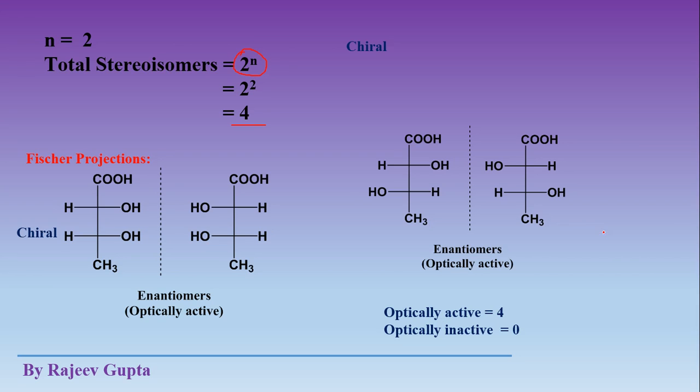So these are various examples of molecules where we can calculate the total number of stereoisomers and enantiomers. We can show which is chiral or achiral, optically active or inactive. We can also represent their chirality descriptors. What is the chirality descriptor here?